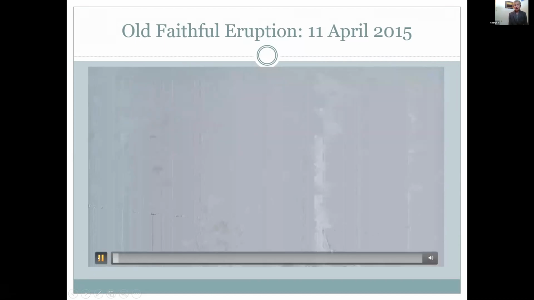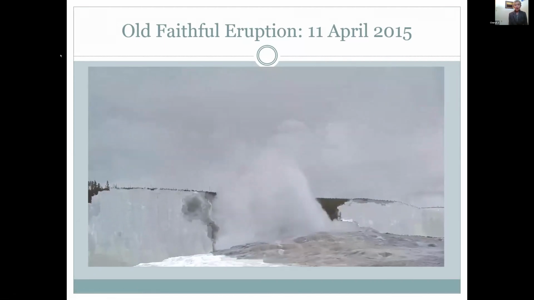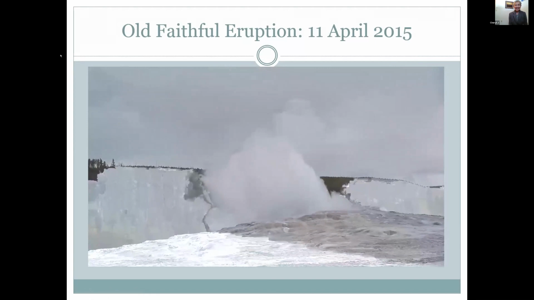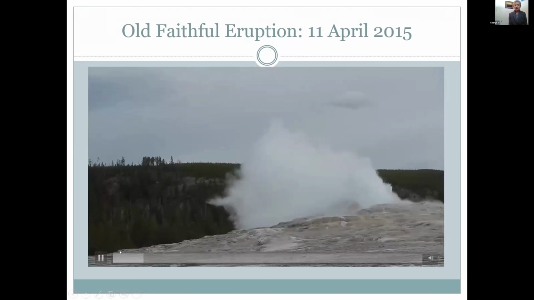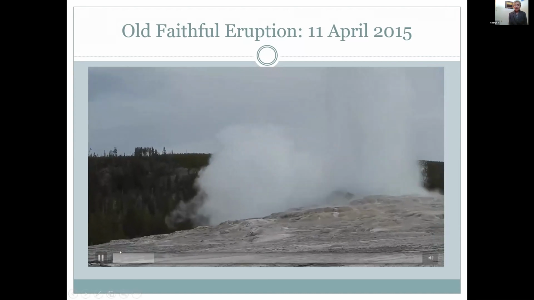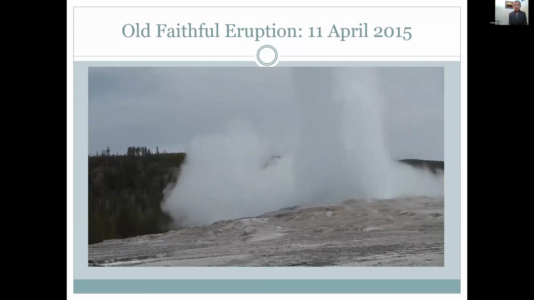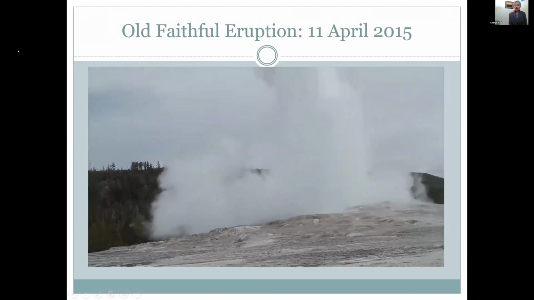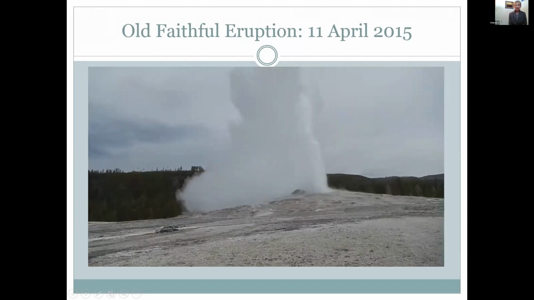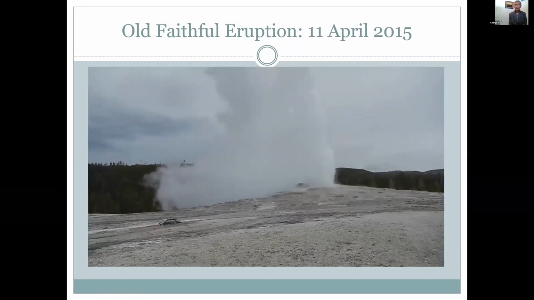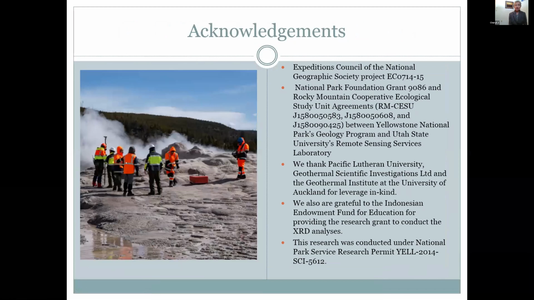So to give you an idea of what we're trying to protect, this is a short segment of an eruption of Old Faithful Geyser, 11 April 2015. And during the GPR survey, of course, we needed to estimate the time that it would go off so that we could be away from the erupting geyser and everyone could be safe.